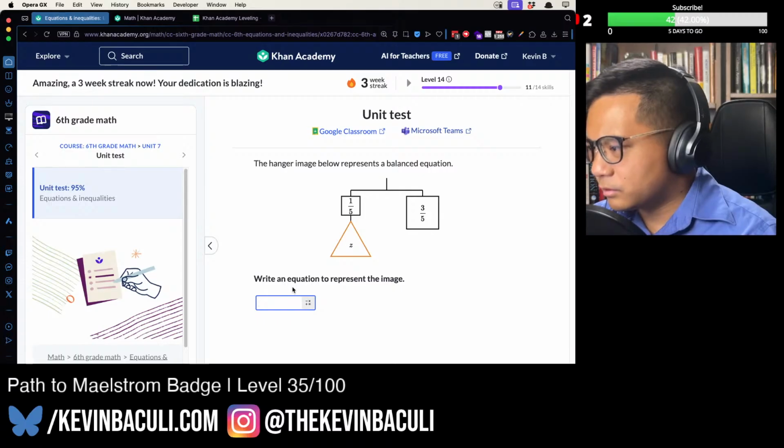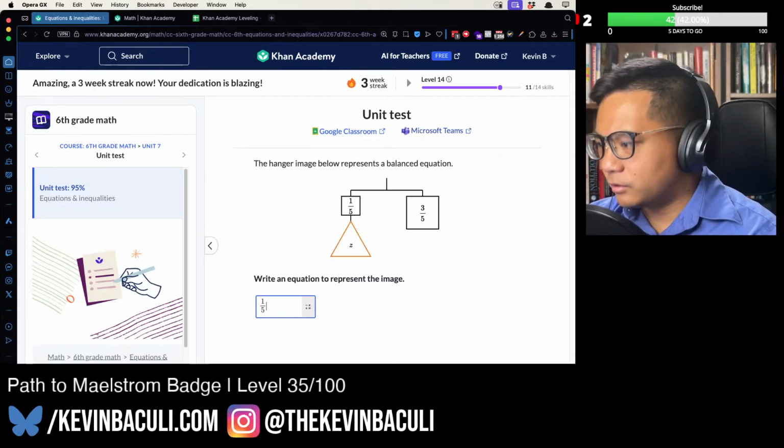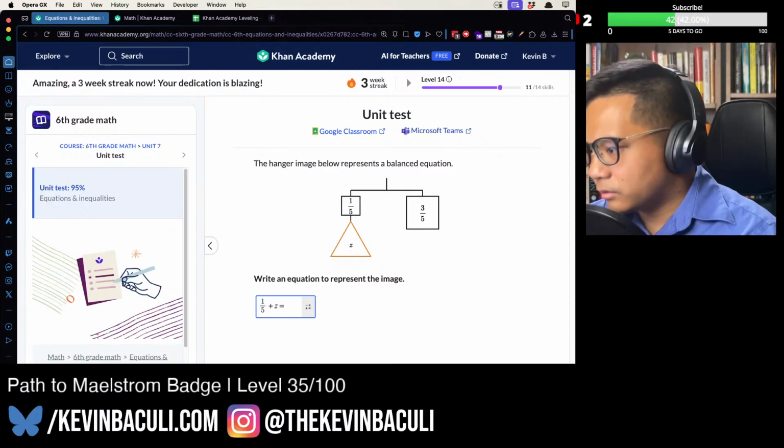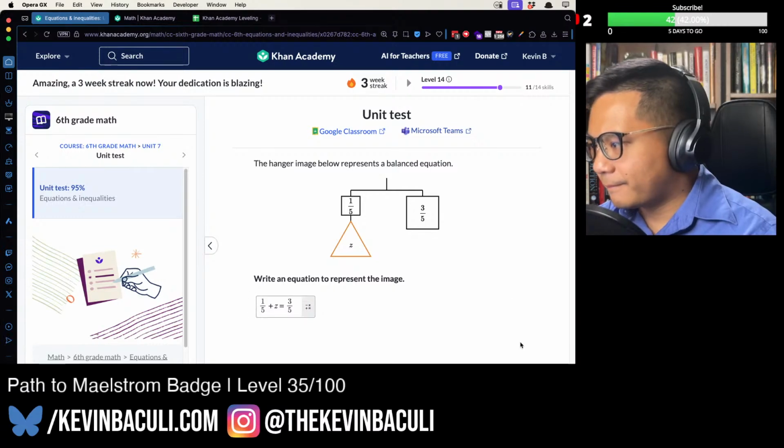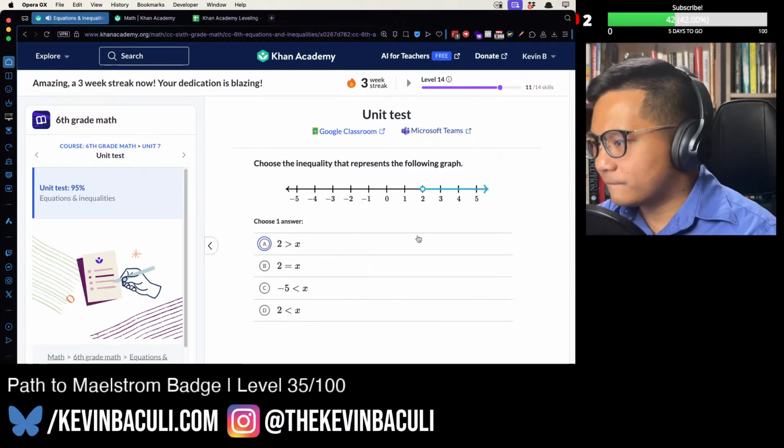Fifths. Oh, 1/5 plus z equals 3/5. X is greater than 2.